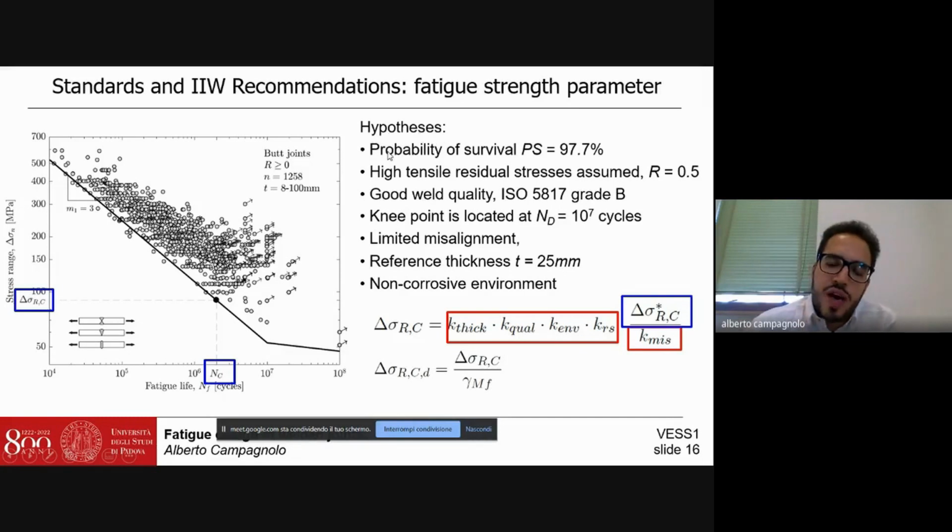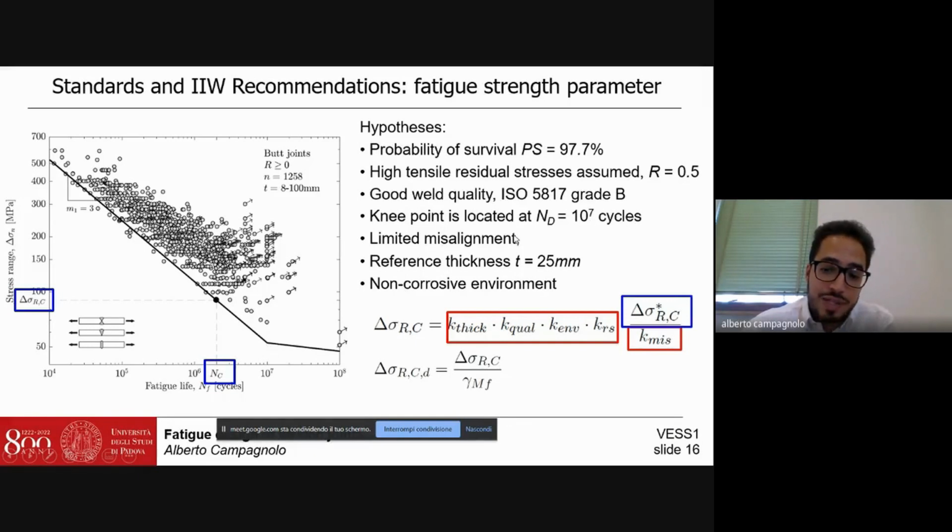Therefore, this curve is defined assuming several different hypotheses. The first one is that the probability of survival is fixed at 97.7% for safety reason. After that, we can assume also that high-tensile residual stresses are present in the welded joints, which means that the load ratio is high and typically equal to 0.5. The weld quality is good. The knee point, which is this point, is assumed at 10 million cycles.